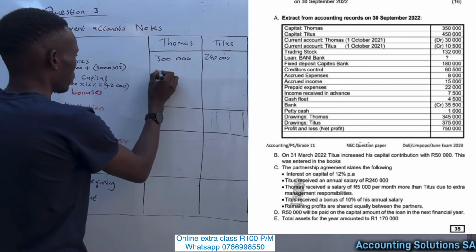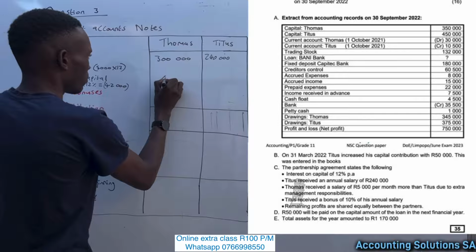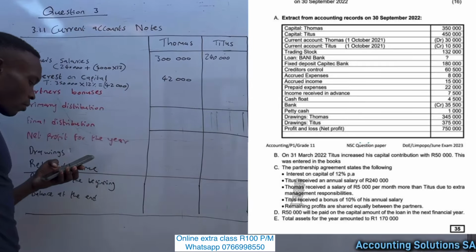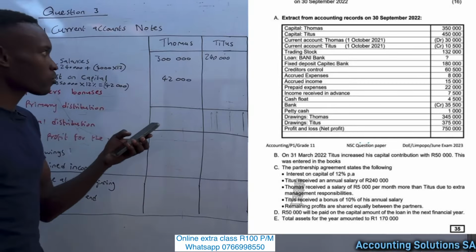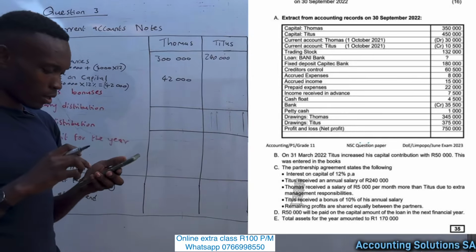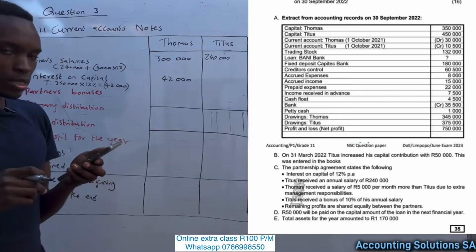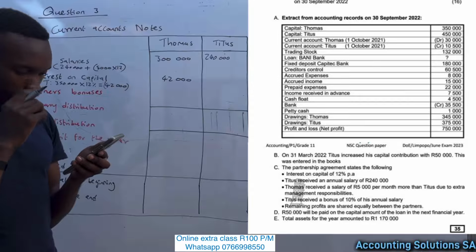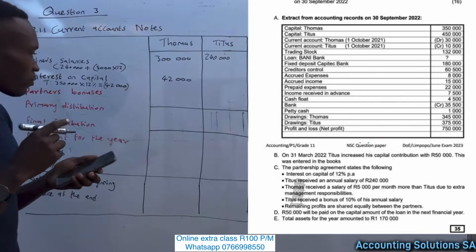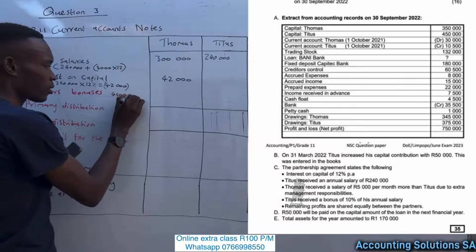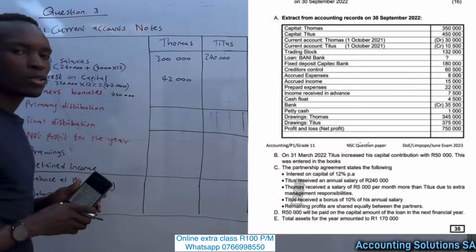42,000. Okay, but now we have to go to Titus. Under Titus, we have to calculate the increase as well. If you check the table, we have 450,000. This 450,000 includes the 50,000 increase.